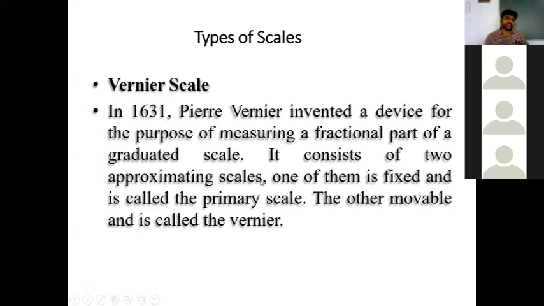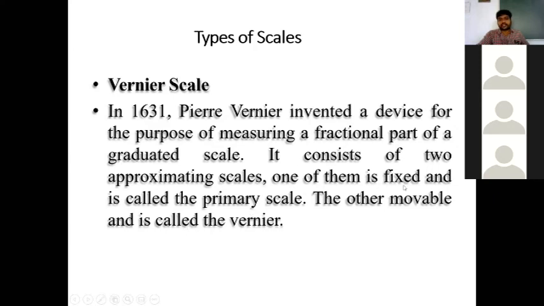Next, coming to vernier scale. All of you know this vernier scale, and you might have done it in the past in your college, 11th, 12th. In the vernier scale, we have 2 approximating scales.